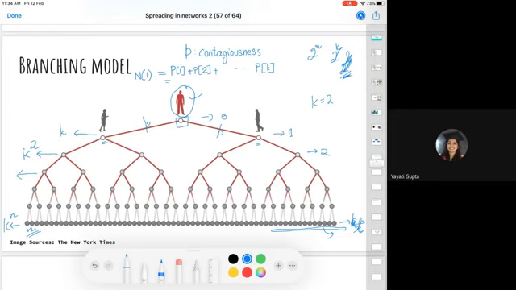The probability that the first person is infected is simply p. For the second person, it is p. So it comes out to be p into k. So p into k is the average number of secondary infections each person produces. So this root node produces p into k infections at the first level.